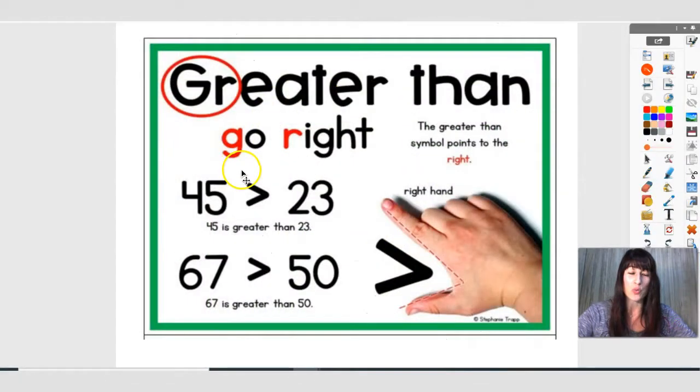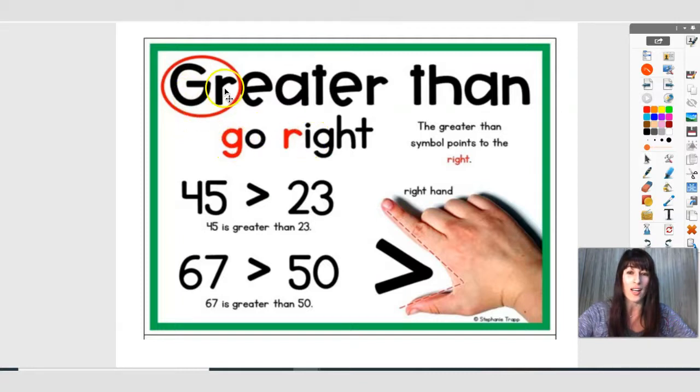Now, how do I know which way to place it? This is a great tip that I'm sure you've been using and found very helpful. So let me remind you how you use it. If the number is greater, the one you identify as the larger number, you need to put the alligator or the symbol of comparison this way, because greater begins with G, go right.